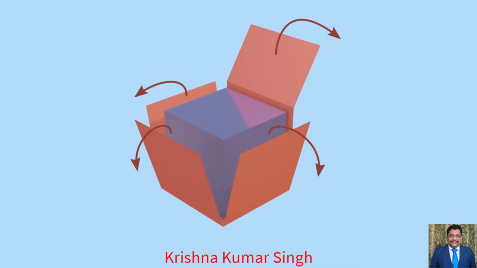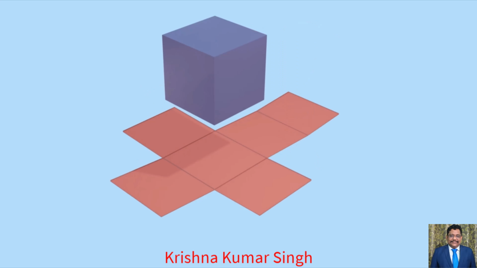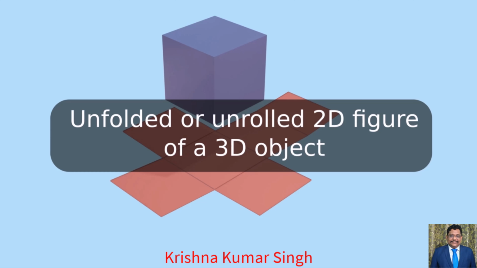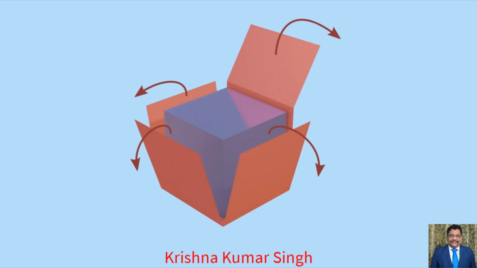Now imagine that a solid is enclosed in a wrapper of thin sheet like paper, and when this covering is opened out and laid on a plane surface, we can observe the paper is flattened, having some folds on it. This flattened out paper is the development of solid. So describing development, we can say that a development is an unfolded or unrolled 2D figure of a 3D object.